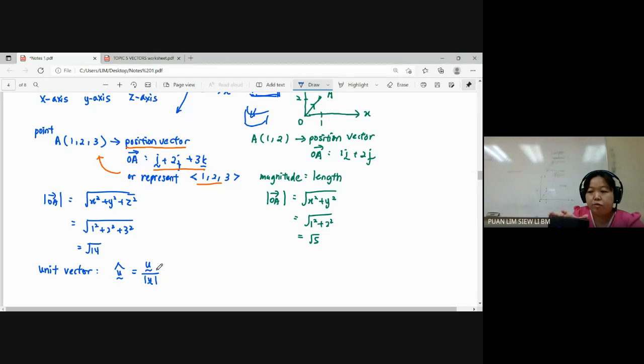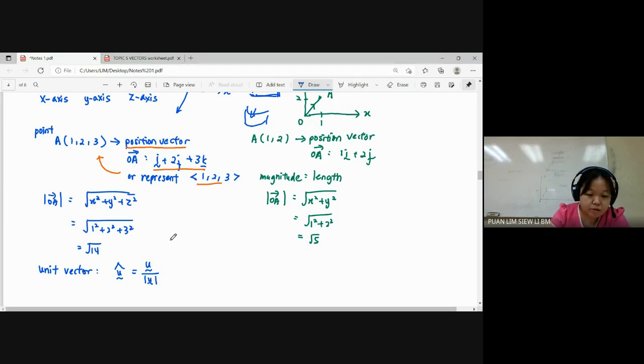This vector going to that direction is one vector, and then the magnitude of this vector is 3. So I want this part only. So this is what we call unit vector. So that's why they will take the vector and divide by its magnitude.